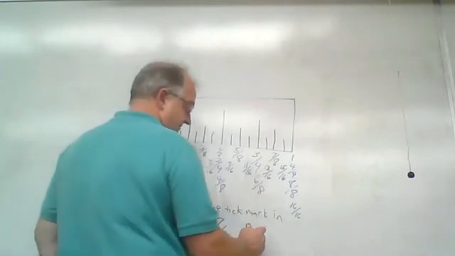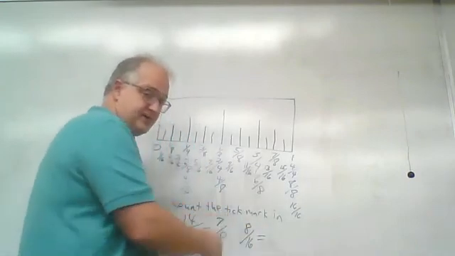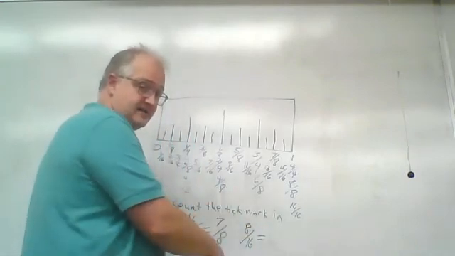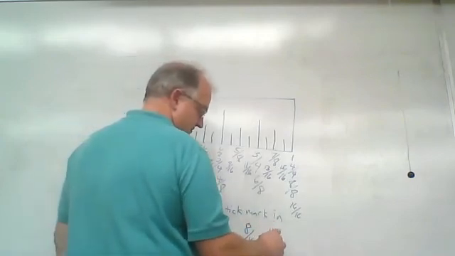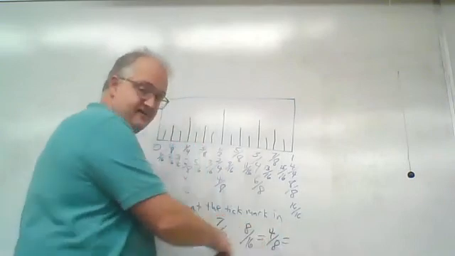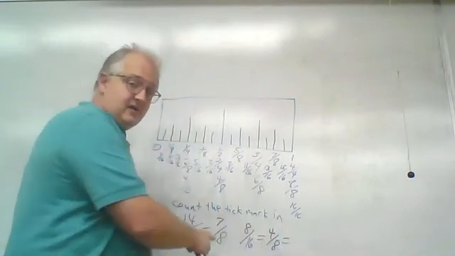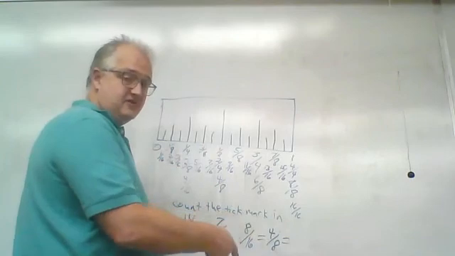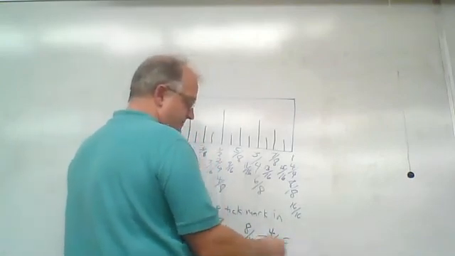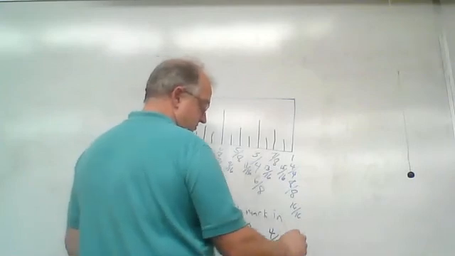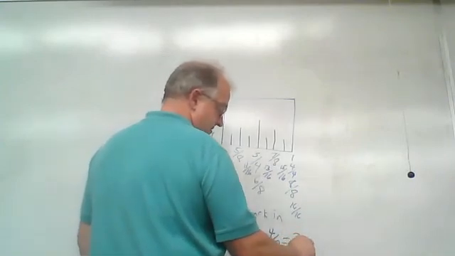If I divide both the numerator and the denominator by 2, I get 4/8. Do I still have an even number in the numerator? Yes, so I have to do it again. One more time, let's divide both the numerator and the denominator by 2. I will end up with 2/4.